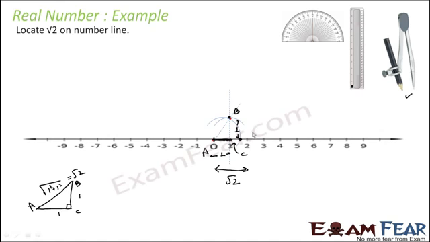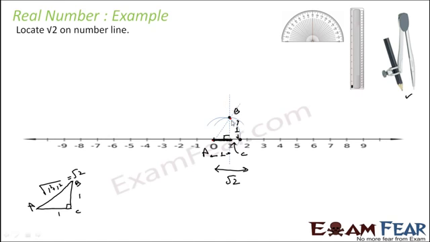Using the compass we can measure this length, and then we drew this arc, and then using the protractor, if you draw a perpendicular, that means this line is 90 degrees to my number line, and this length is 1 centimeter or 1 unit.